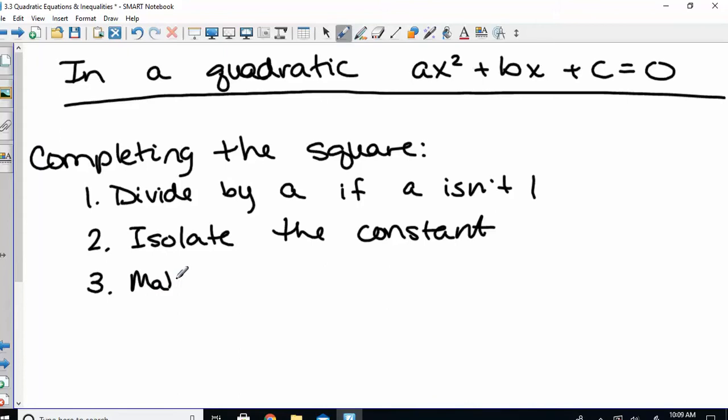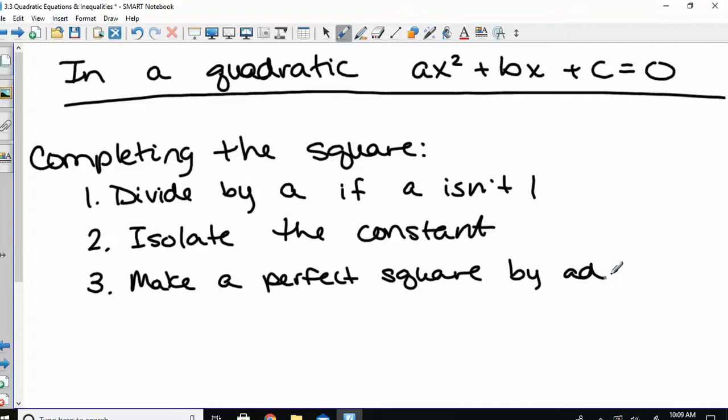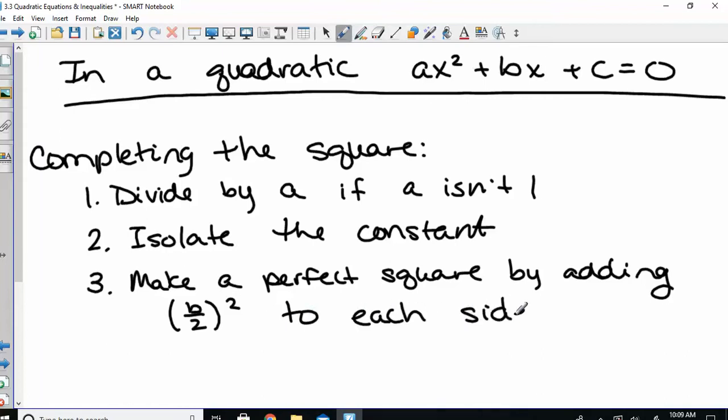So we will make a perfect square by adding b divided by 2 squared to each side. And I will explain all of this in more detail tomorrow.